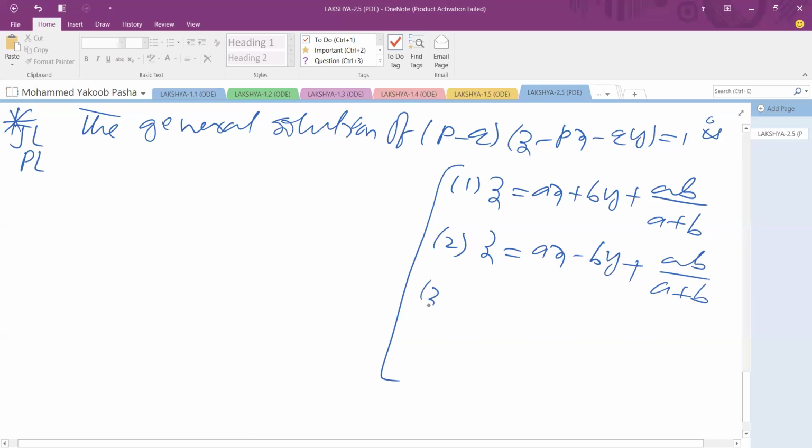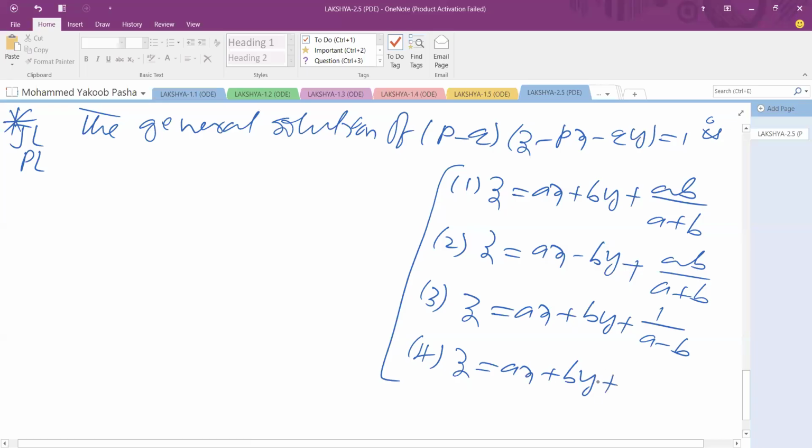And third option, z is equal to ax plus by plus 1 by a minus b. And fourth option, z is equal to ax minus by plus 1 by a plus b. These are the 4 options we have.